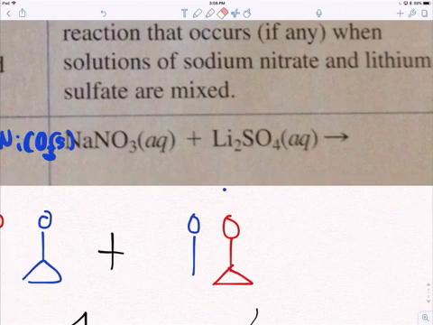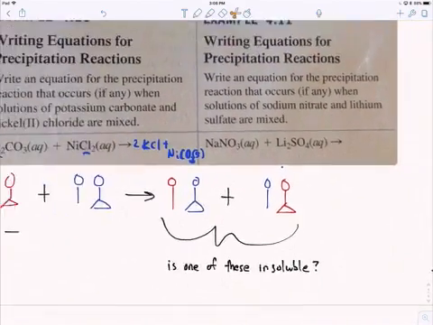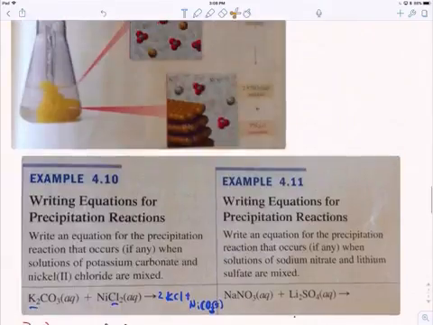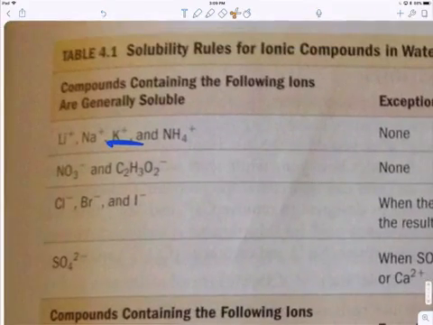Next one. Sodium nitrate and lithium sulfate. What happens here? Well, it's going to form lithium nitrate and sodium sulfate. But if you look at the chart up here, all alkalis are soluble.